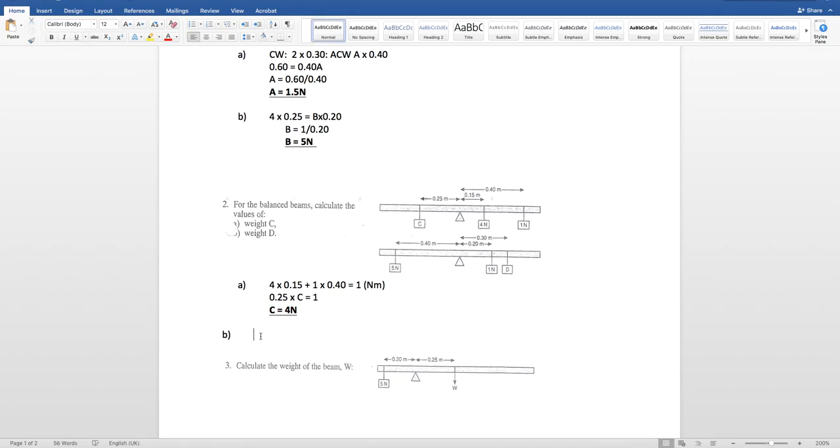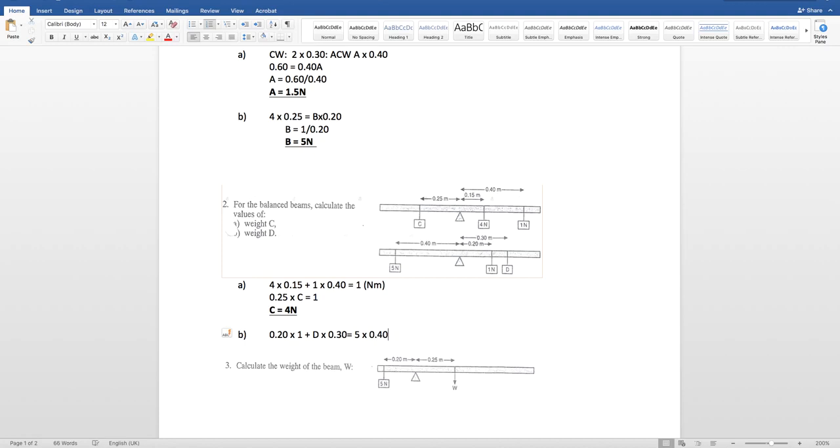So there's C. Then we're looking for D. Well, we've got 0.20 there times 1. We've also got D times 0.30. And that's going to equal the anticlockwise 5 times 0.40.